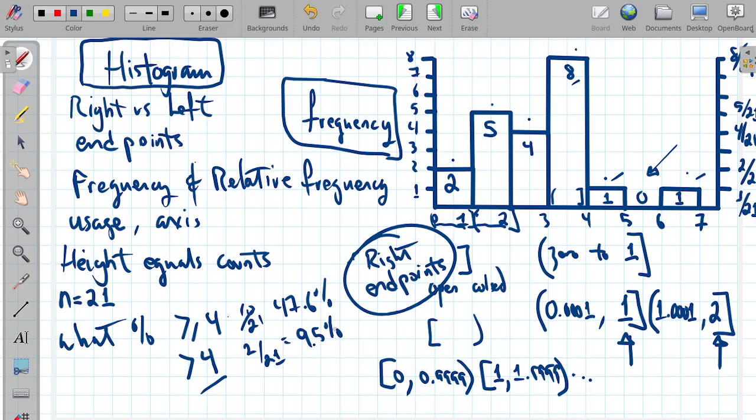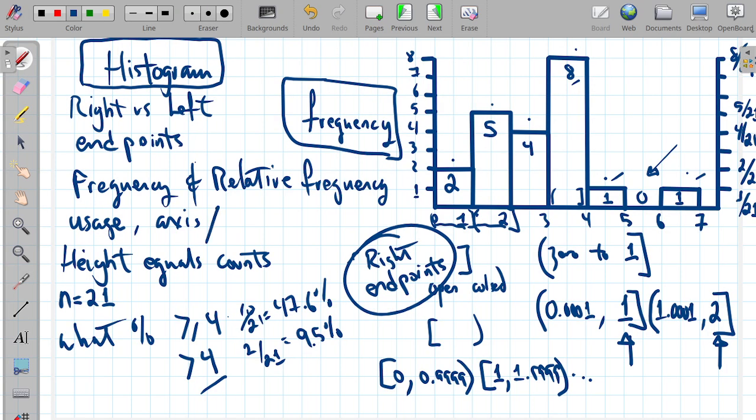This is the kind of question you can get asked on a midterm exam. Anyway, the only time there should be a gap on the horizontal axis for a histogram is if there are no observations in a particular interval. So that's one of the ways you can use the histogram.